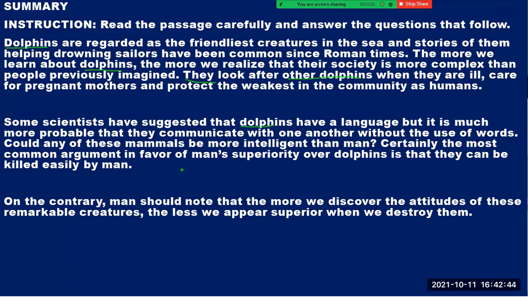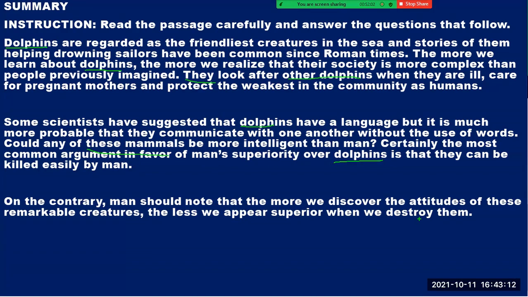And then we go to the next sentence. Well, could these mammals, these mammals refer to dolphins again? Certainly the most common argument in favor of man's superiority over dolphins, it's all about dolphins. On the contrary, and all that. So we can beat our chest that yes, the whole passage is all about dolphin.